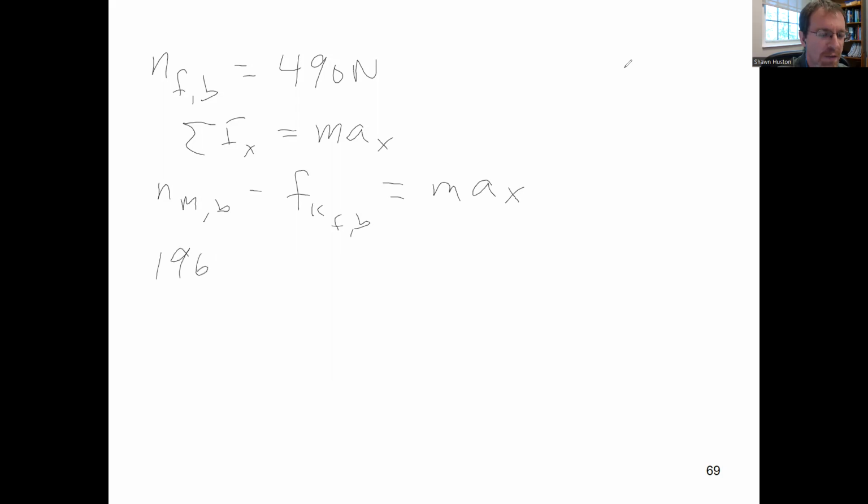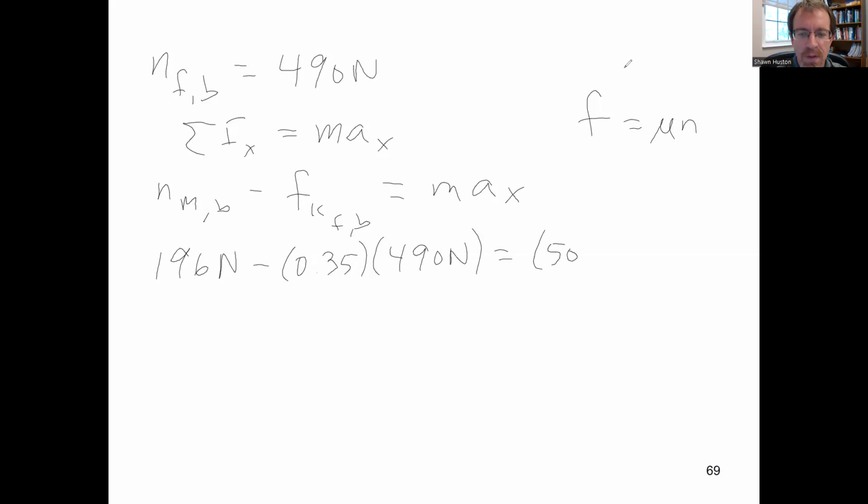This is 196 newtons. And then friction is, what is friction? Friction is the coefficient of kinetic friction, 0.35, times the normal force of the floor on the box, 490. And that's going to be equal to the box's mass times its acceleration. Okay, there we go.